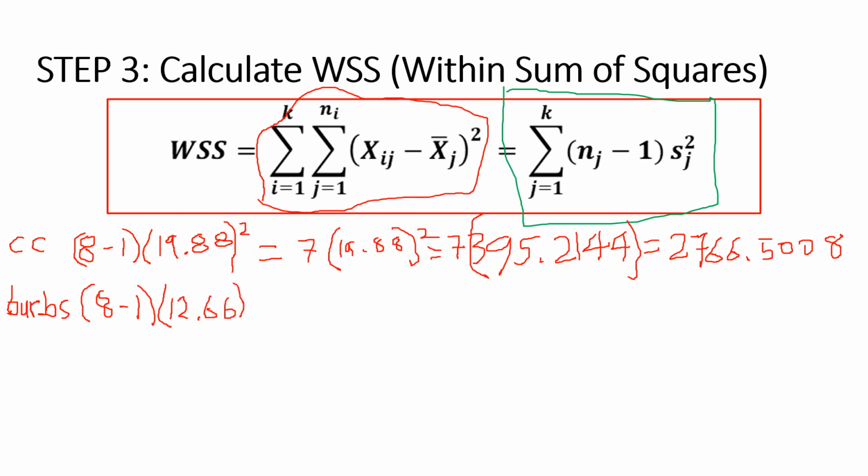We square that, so that's going to be 7 times 12.66 squared. I'm just going to put it in there to save us a bit of space. 12.66 times 12.66 should give us about 160.2756.